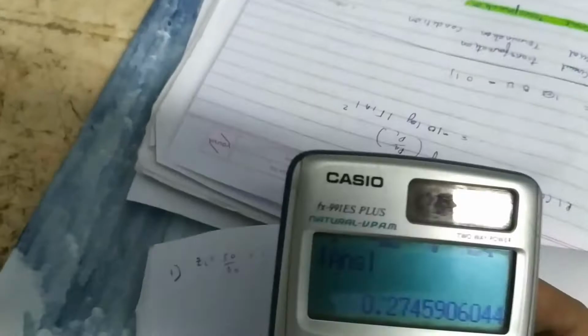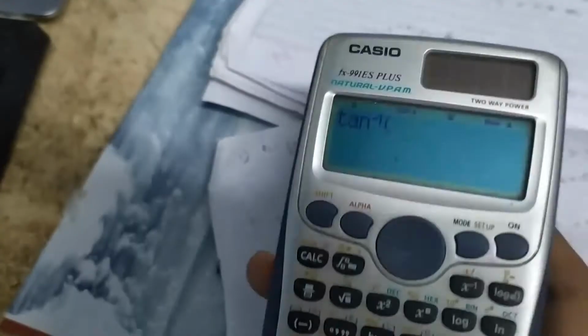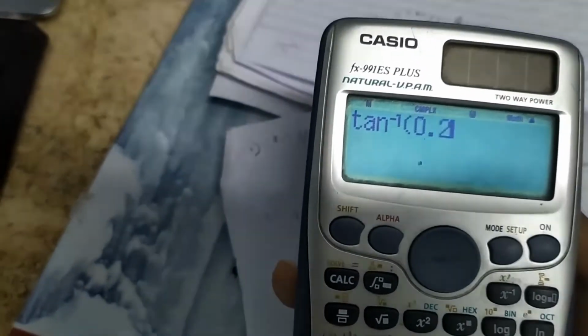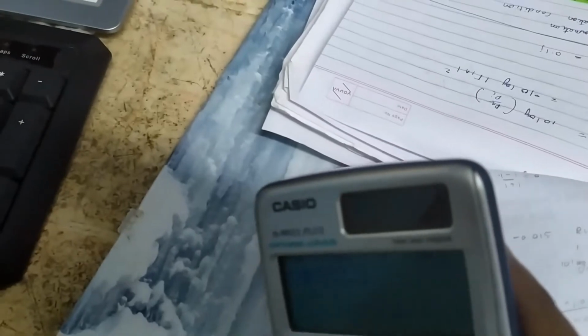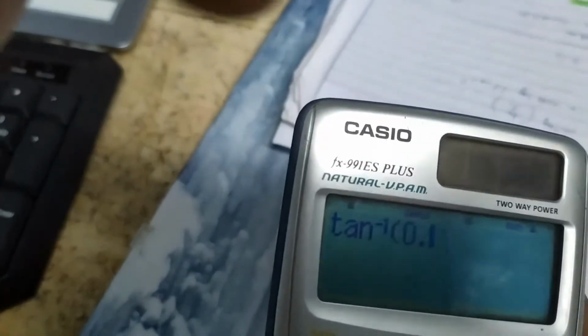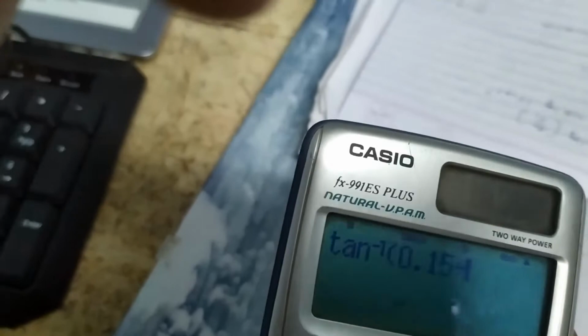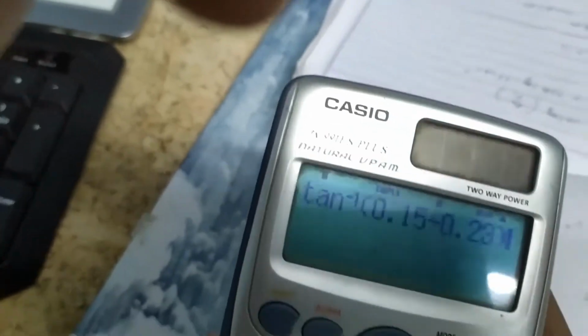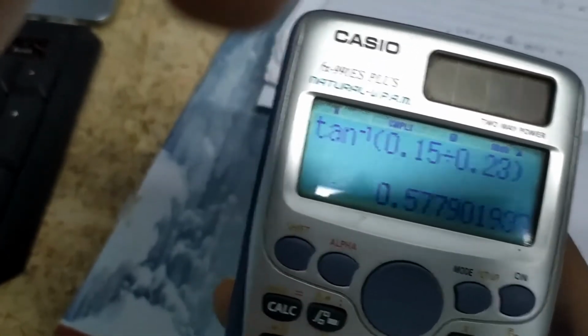using shift tan inverse of imaginary part upon the real part. So basically this will be 0.15 upon 0.23. This is in radians.